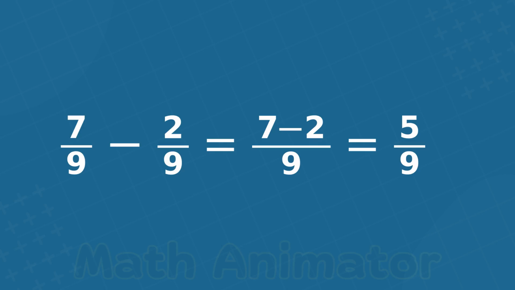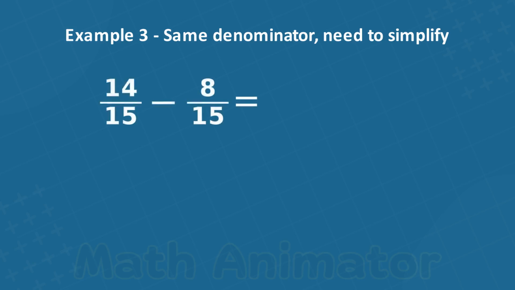Let's see some more examples. Example 3. Find the result when 8/15 is subtracted from 14/15. The denominators are the same, so we keep the denominator 15. Then, put 14 minus 8 on the top.